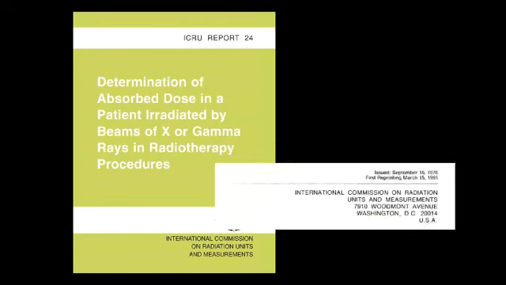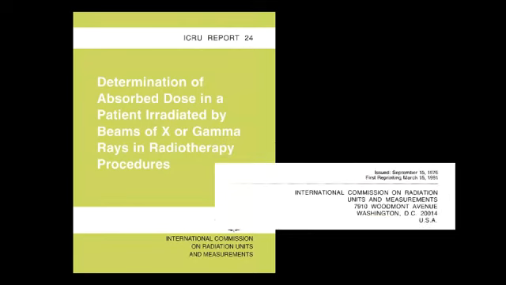One question you might have is, in the broadest sense, what dose should we be trying to achieve? What is good? What is considered high quality? It's a difficult question to answer. You will sometimes see people point to this report, ICRU 24, published in the 1970s.